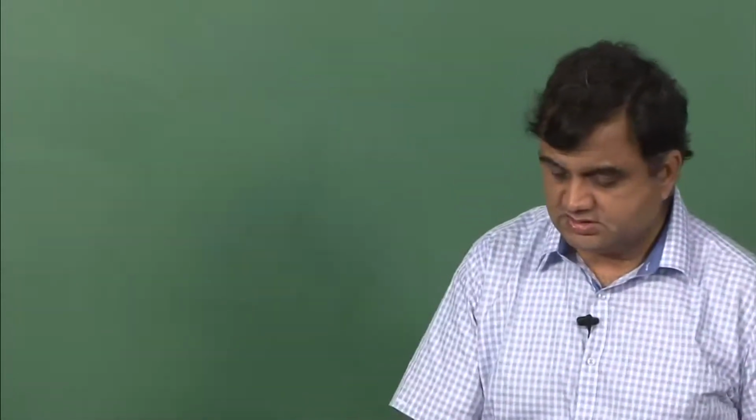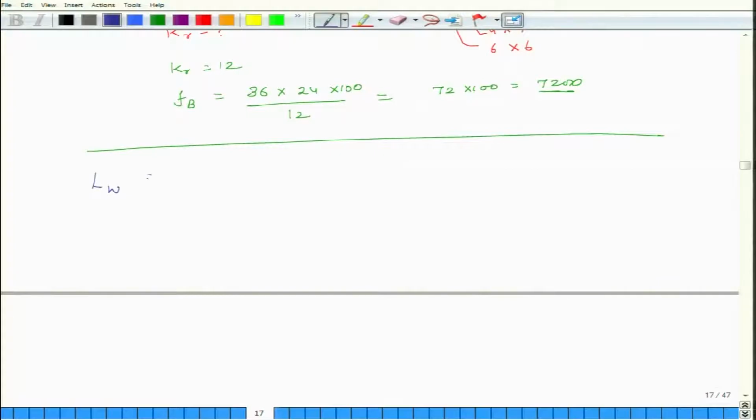So, the question is, what is the value of LW for a compressor? Now, these compressors are of two types, and depending on what type of compressor we are using, the relationship for LW will change.